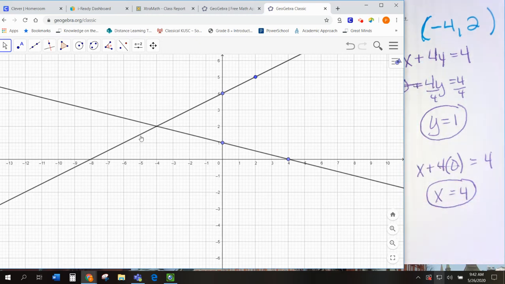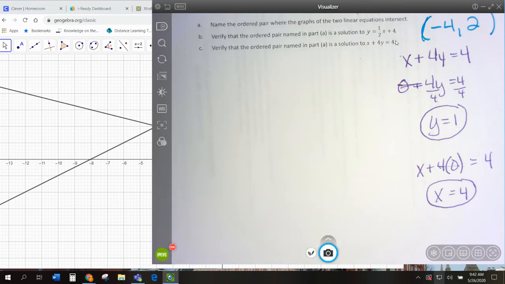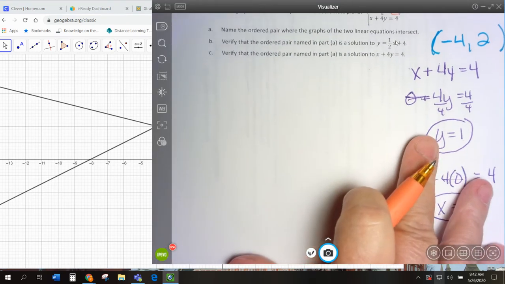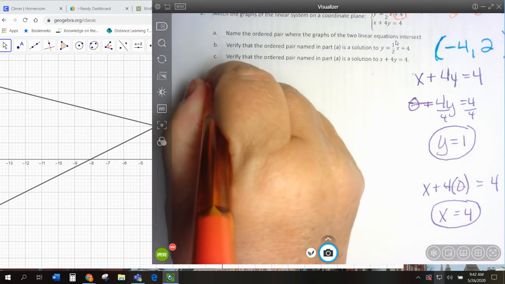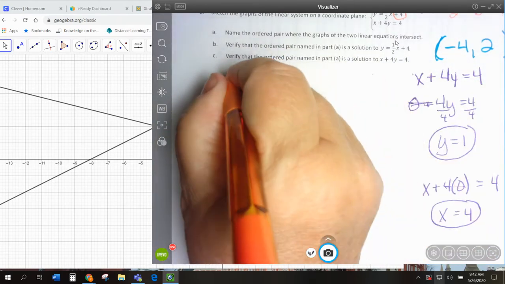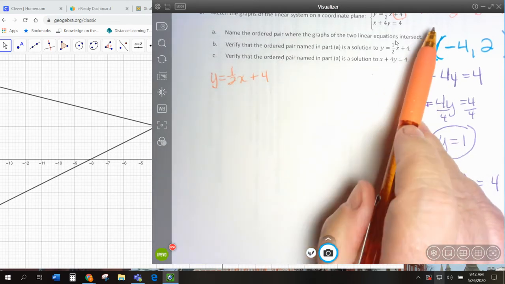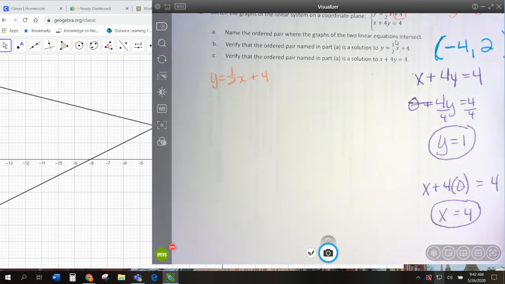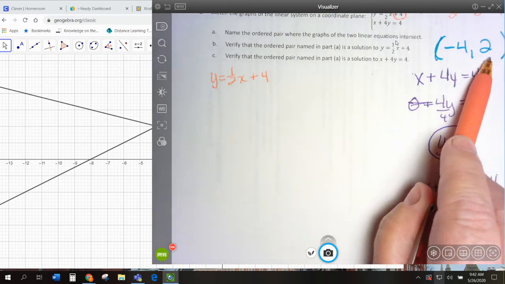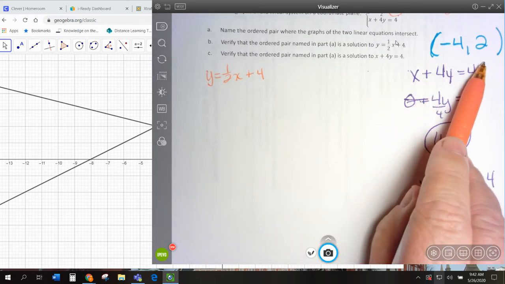So let's prove this by putting these into the equation. So let's start with y equals 1/2 x plus 4, and we're going to do -4, 2. So x is going to be -4, y is going to be 2.